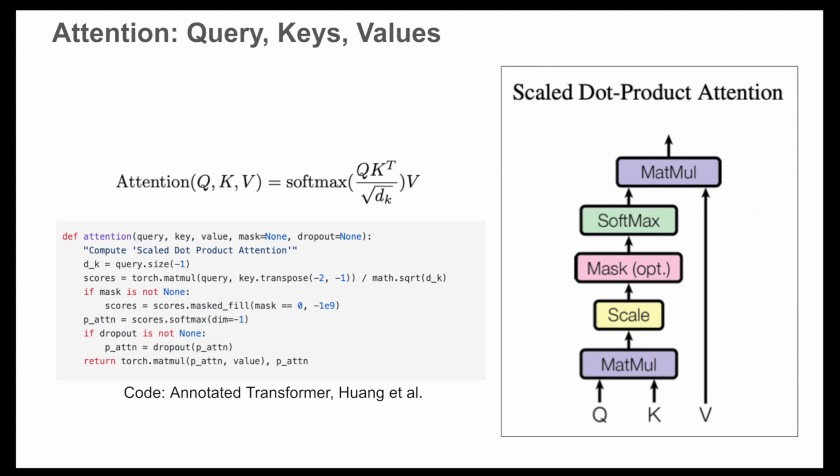And then after computing the similarity score, we apply softmax. Softmax gives us probabilities which all add up to 1. And if dropout is not none, we apply dropout, and then we return the probabilities multiplied by the values.